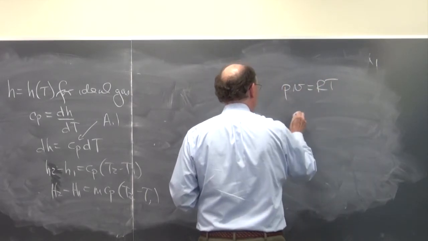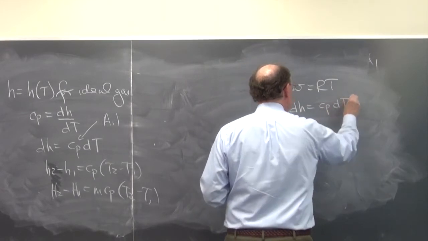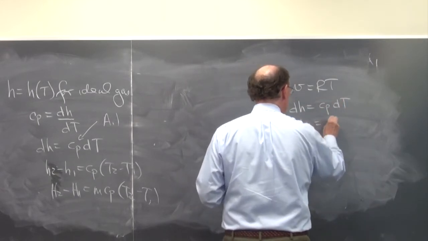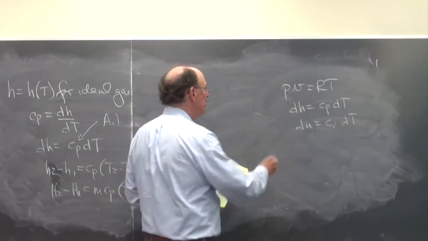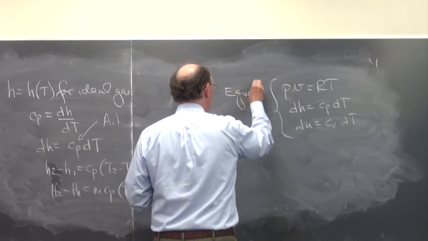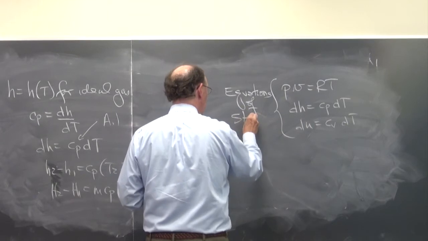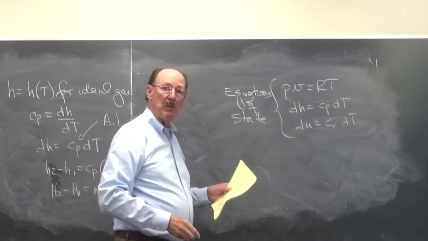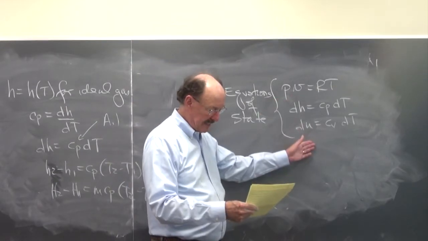I have dH is equal to C sub P dT, and dU is equal to C sub V dT. And I have these three equations of state. And I'm able to replace tables of property with these three equations of state.